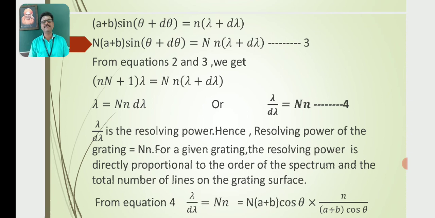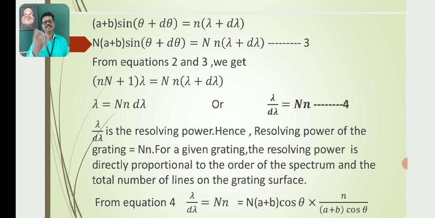So from equation 4, we say that λ/dλ is equal to nN, where small n can be replaced by N(A+B)cosθ divided by (A+B)cosθ.